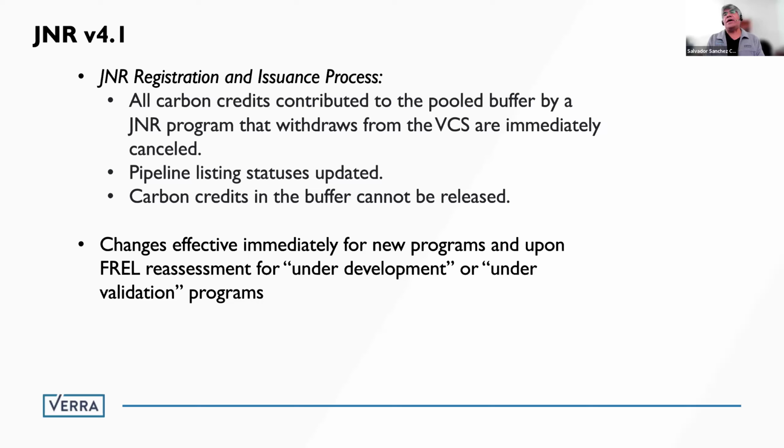However, it might be in the program's own interest to adopt these changes earlier than that, because hopefully this JNR framework might be approved by the ICBCM, and then that would ensure their alignment with the ICBCM's CCPs.